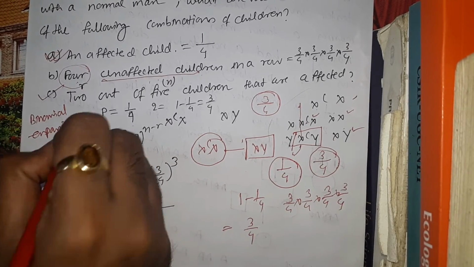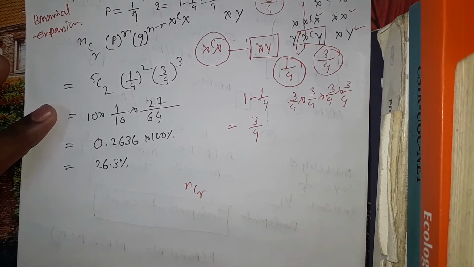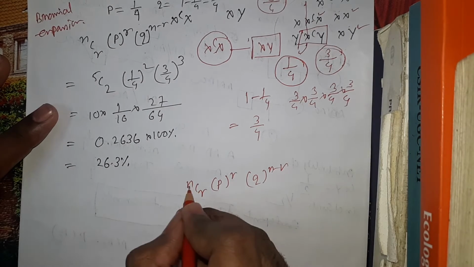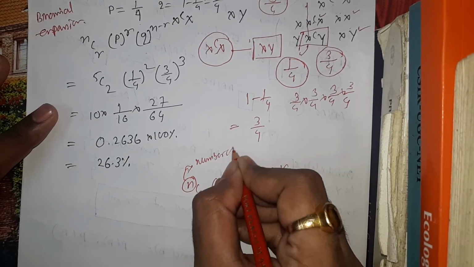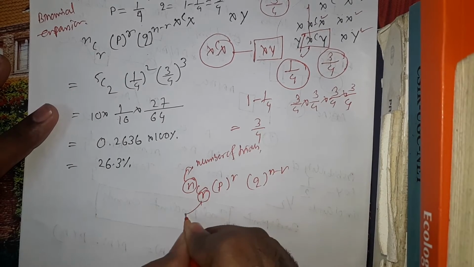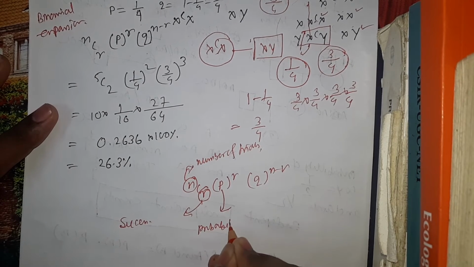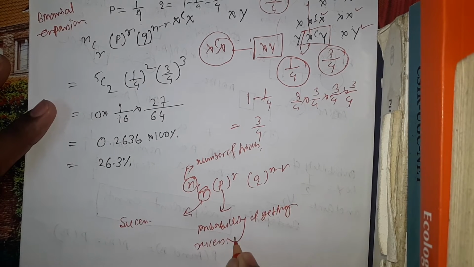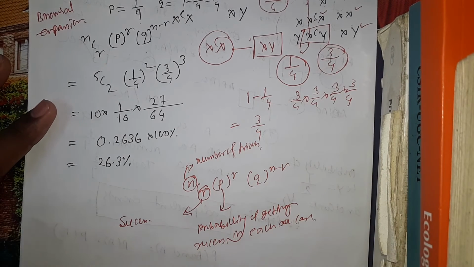Binomial expansion is simply something like this, where n is the number of trials, r is the number of successes, p is the probability of getting success in each case, and q is the opposite of p. That means it is the probability of getting failure in each case.